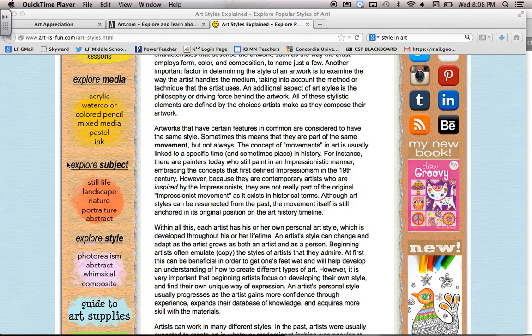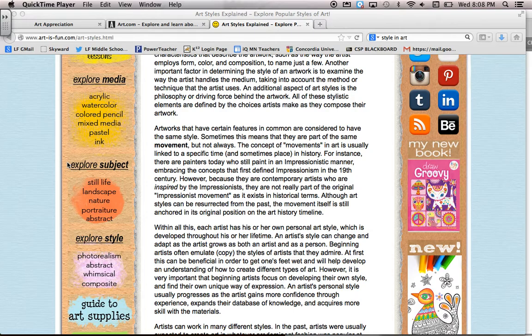It says the concept of movements in art is usually linked to a specific time or place in history. For instance, there are painters today who still paint in an impressionistic manner, embracing the concepts that first defined Impressionism in the 19th century.